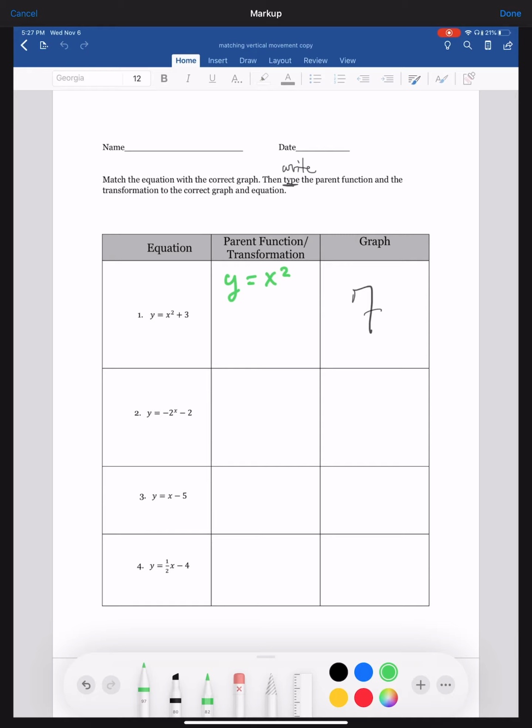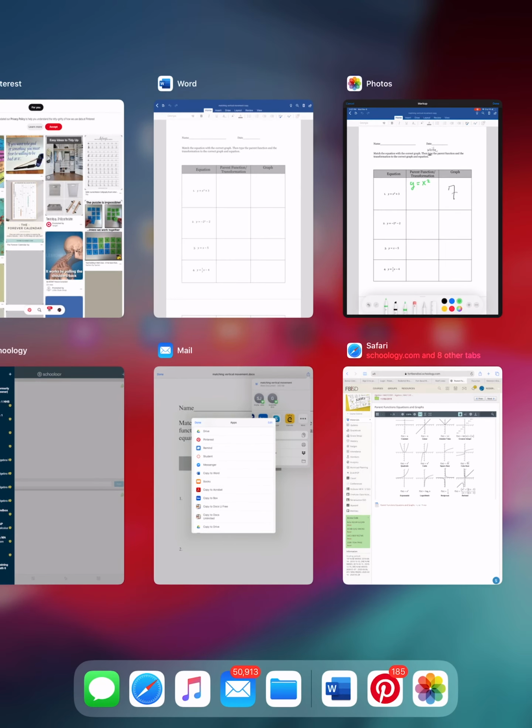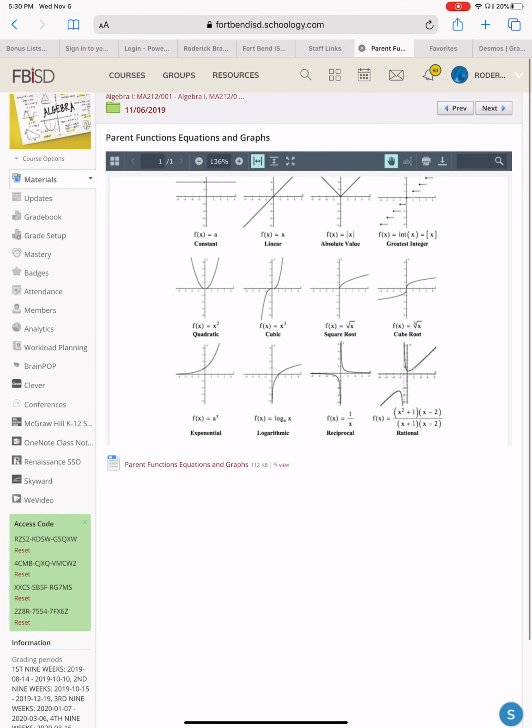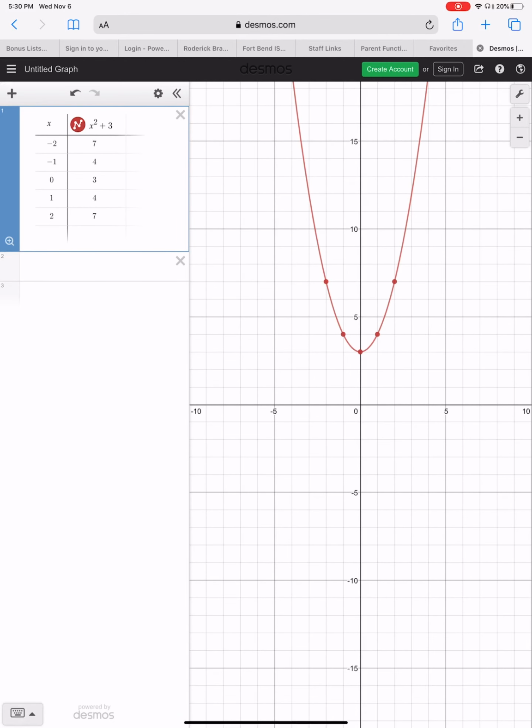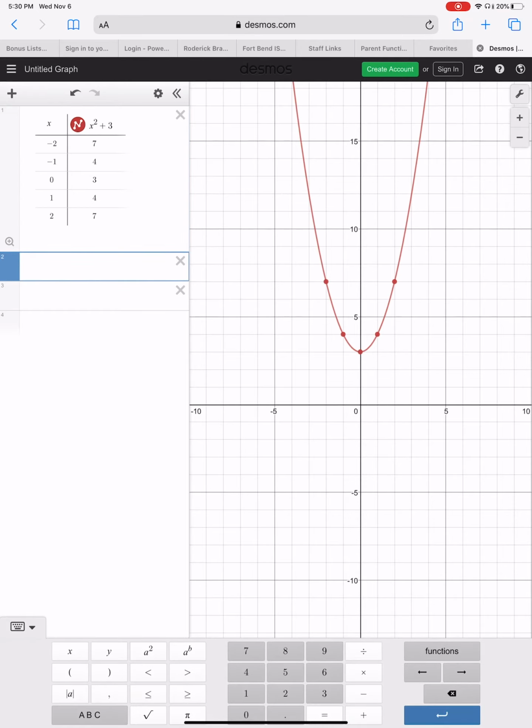So not only do they want the function, but they also want to know, well, what is the transformation? What happened if I was to graph my parent function? How do I go from my parent function to the new equation? So this is where we go back to Desmos, and we're going to add a function.